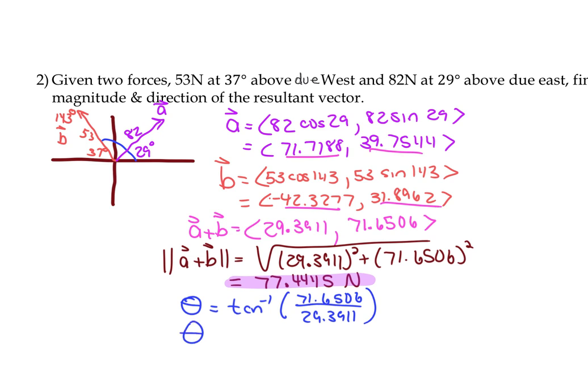Put this in our calculator, and this gives me 67.6965 degrees north of east, because that's in quadrant 1, so we don't have to worry about adjusting anything there.